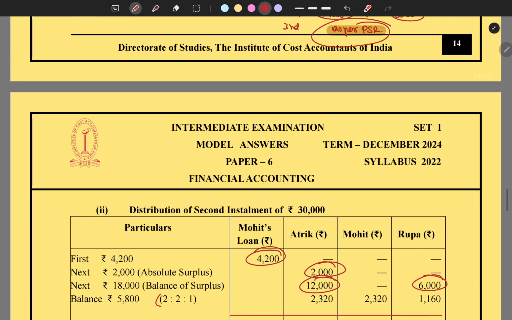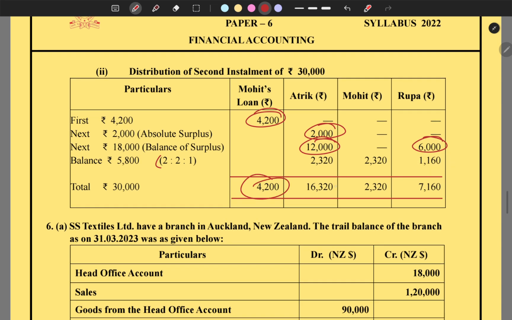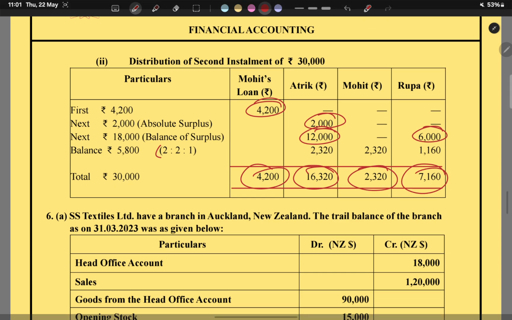See, as per PSR we have to pay the 5,800. So 5,800 divisible by 2:2:1, we'll get these values, and the total 30,000 has been distributed as 4,200 to Mohit's loan, 16,320 to Attrick, 2,320 to Mohit, and 7,160 to Rupa.